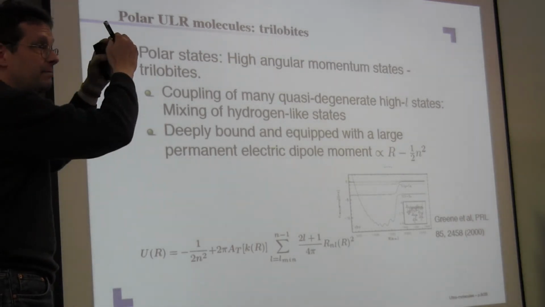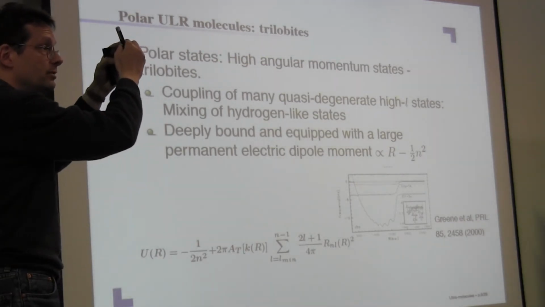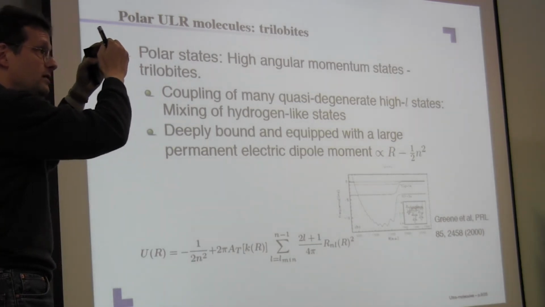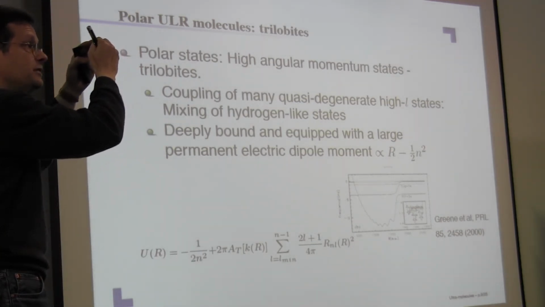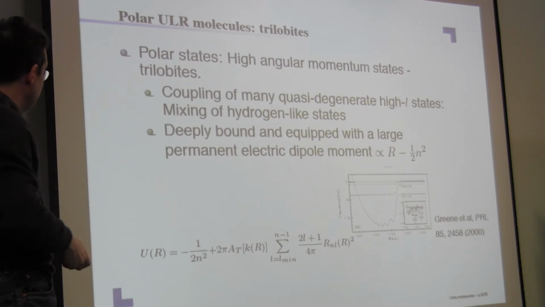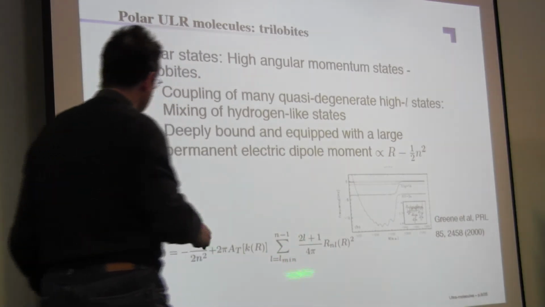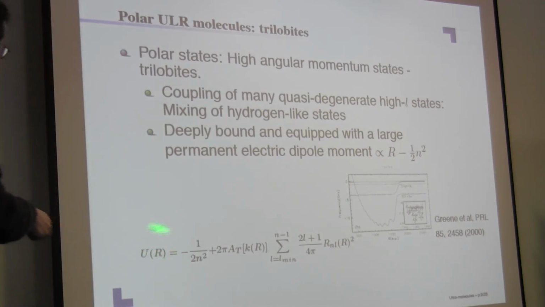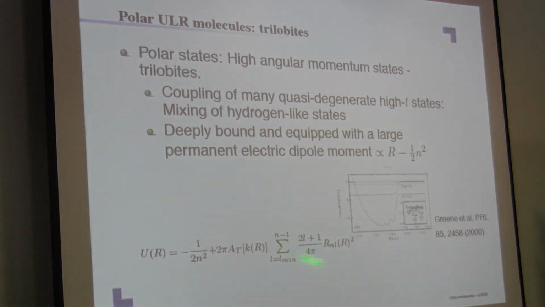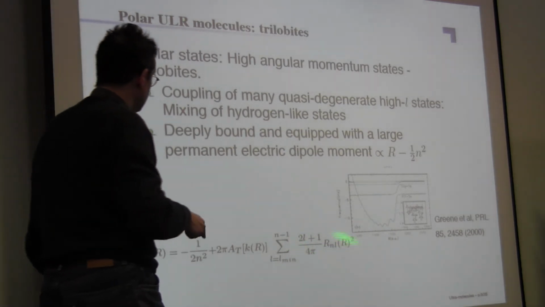Now, if you put that perturber into such a cloud, it couples all these degenerate states and mixes them. And as it turns out, again a result from this work, you get a potential energy curve which couples all these states, and this nodal structure, which you see also here, comes from the radial wave functions of the hydrogenic case.